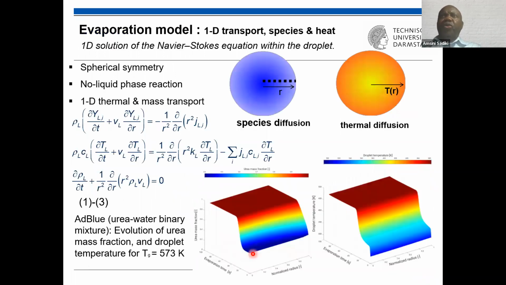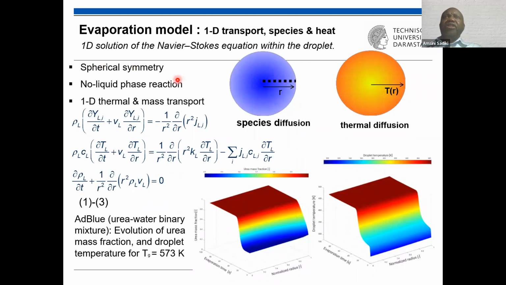I will show you only one. So the solution of the Navier-Stokes equation within the droplets. This is nice if we have to deal with a multi-component, because the solubility and the volatility of the different species are different, so that you can have different events at the interface.